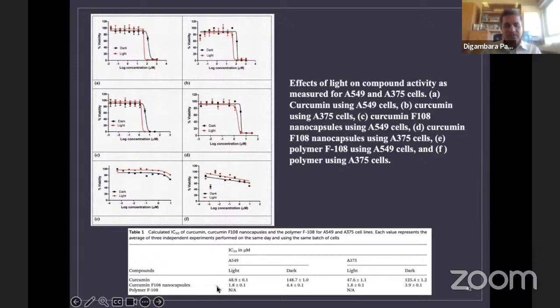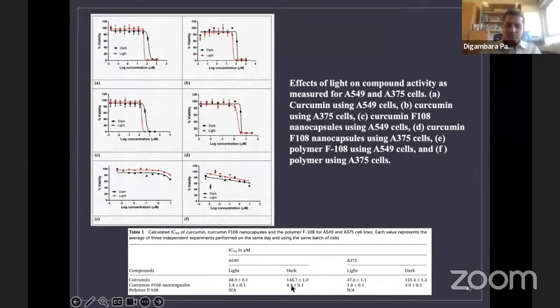So if somebody is eating, let us say, 50 milligram, then he needs to just eat 2 milligram to have the same effect. And this is in the presence of dark, meaning it is only for normal conditions. Then when we put light, especially for photodynamic therapy applications, then look at here, in the light it was 49, in the dark it was 150, so almost 3 times less.